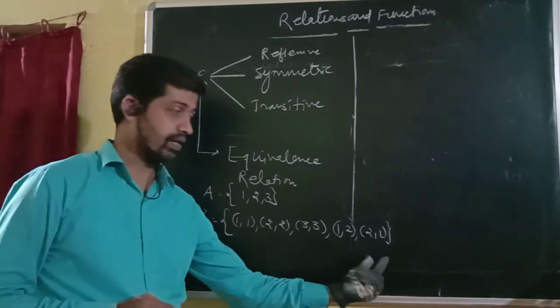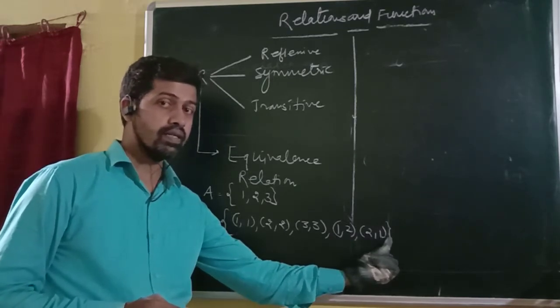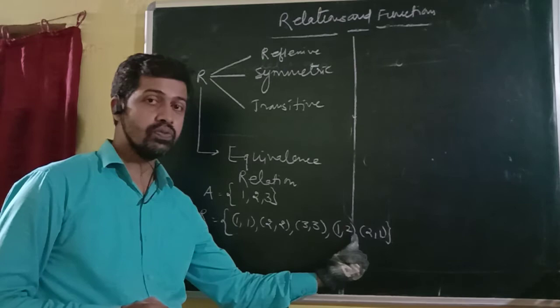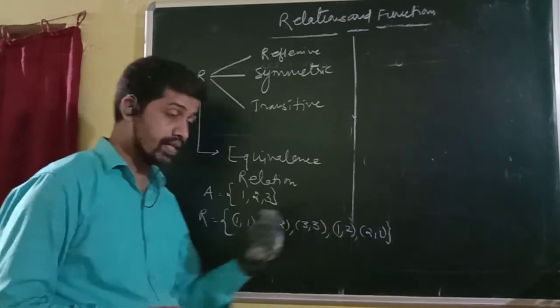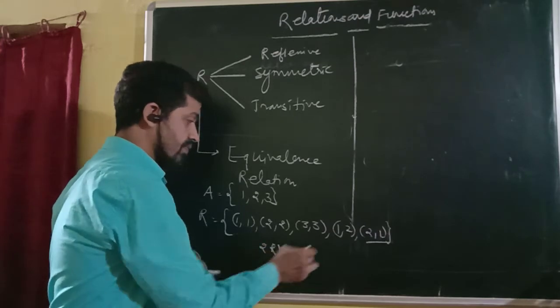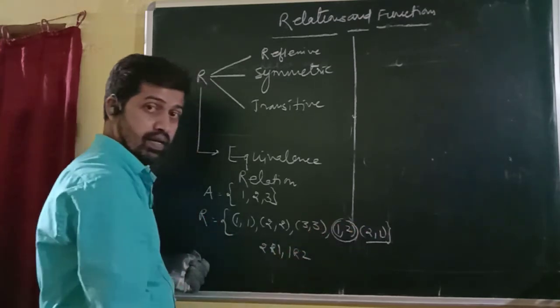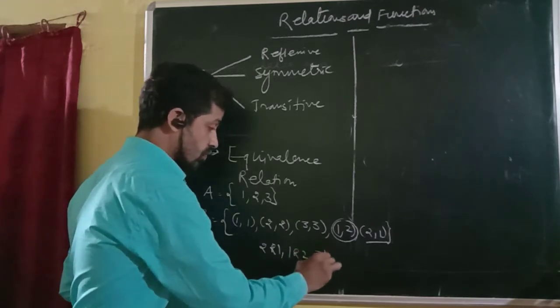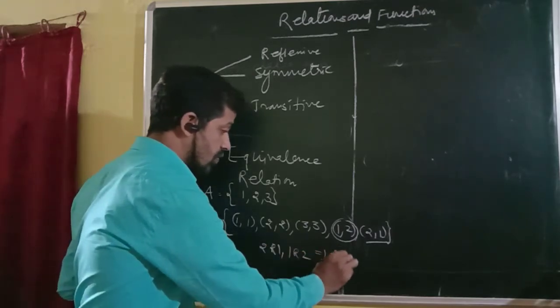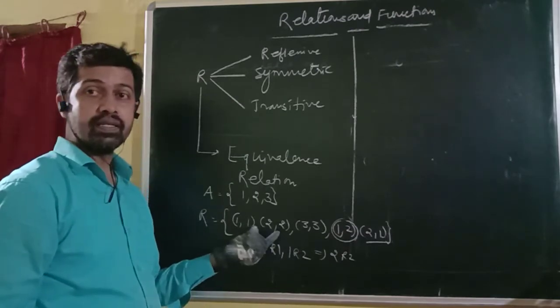Take it in another way. Start from here. 2 is related to 1, 1 is related to 2. This means 2 is related to 1, this means 1 is related to 2, and then we conclude that 2 is related to 2. Means (2,2) should be here.